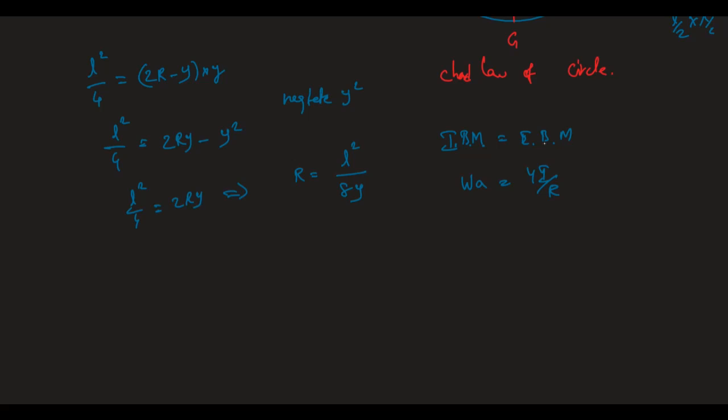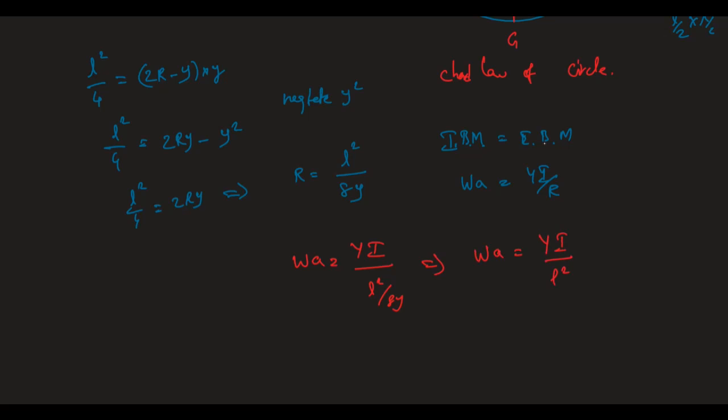So far it is okay. And I found the value for R. So let me write down the equation. Substitute the value of R, which is L square by 8y. WA equals YI into 8y by L square.